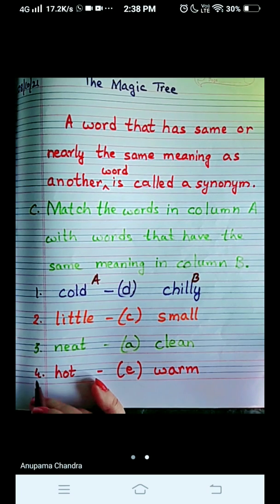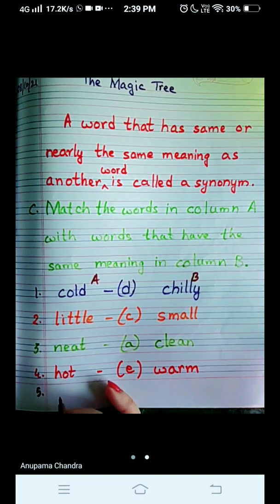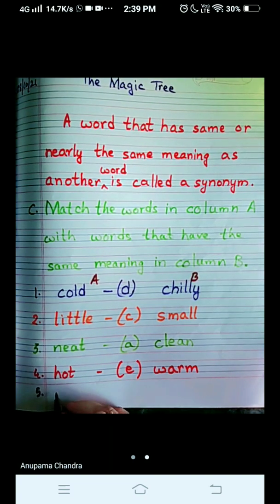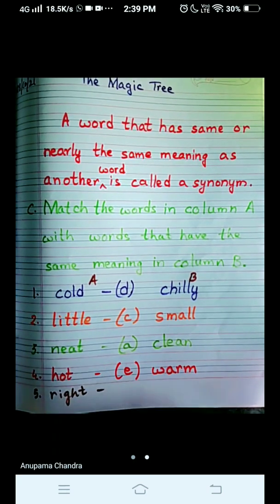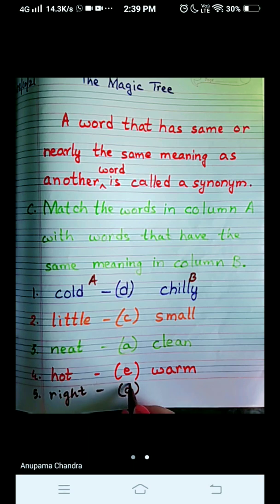You people can turn the page. Number 5, right, R-I-G-H-T, right. Put a dash, children. And the correct option is the only one which is left, that is the B option. Sorry, B option.